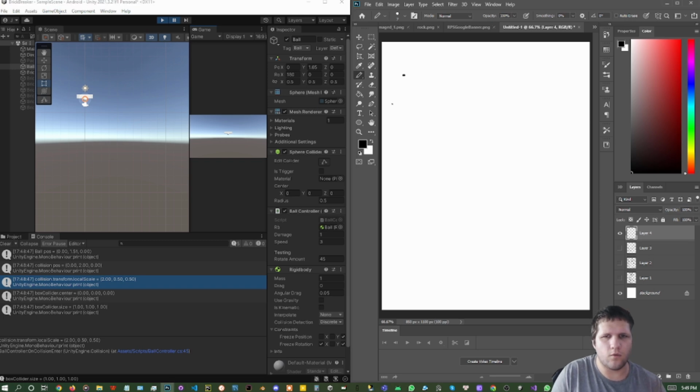What we want is, okay, so let's say x equals size minus center, or center plus size.